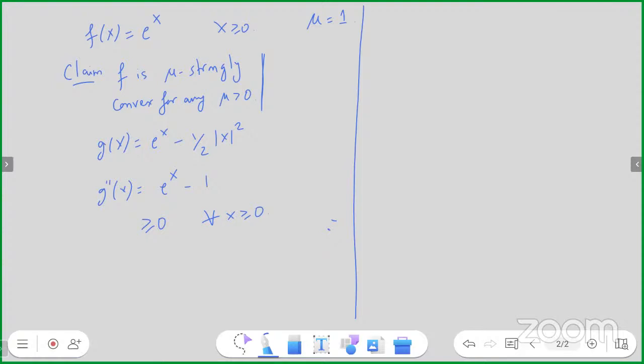Stop that from happening. Is the objective clear? You want to construct a one strongly convex function which grows slower than x square. Is it possible or not?